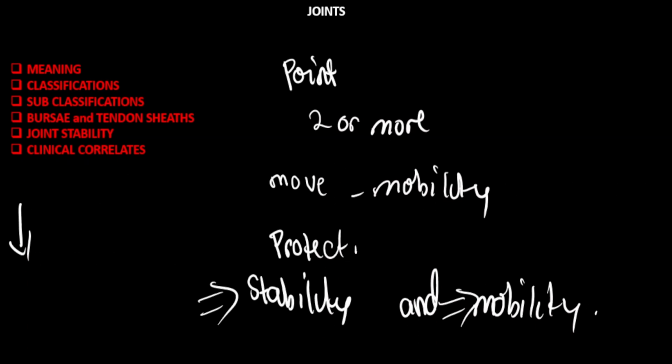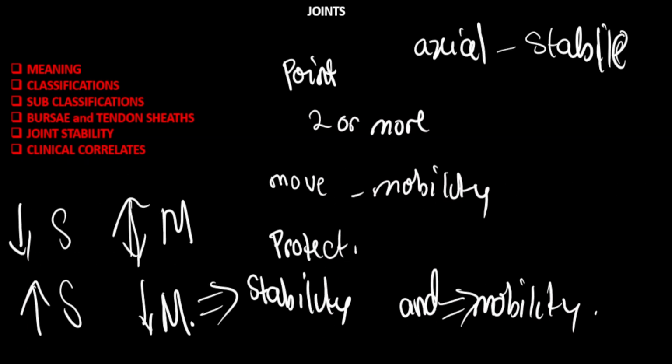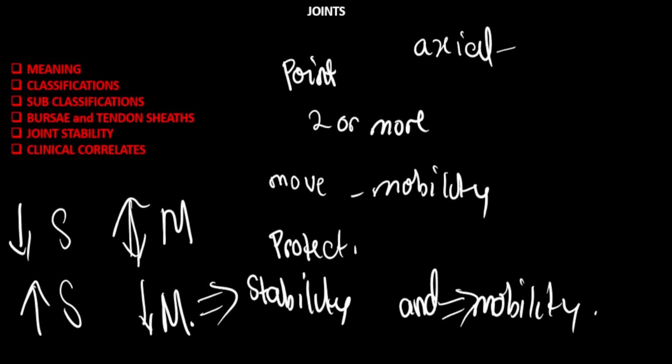So the higher the stability, the lower the mobility. Now, as we go on in our study of this video, we'll get to see that most of the joints that form the axial skeleton are very stable. However, the high stability of the joints of the axial skeleton means low mobility. So for example, cranial bones of the skull have very low mobility.